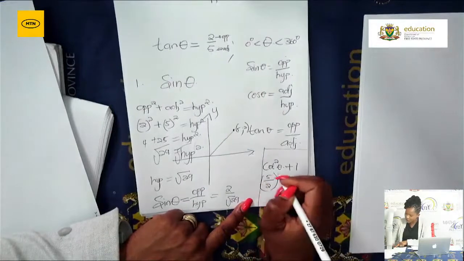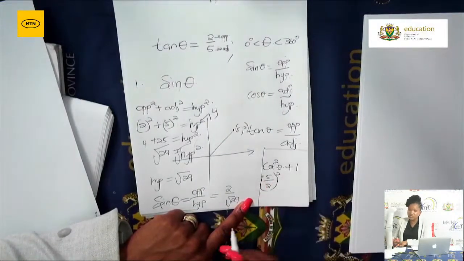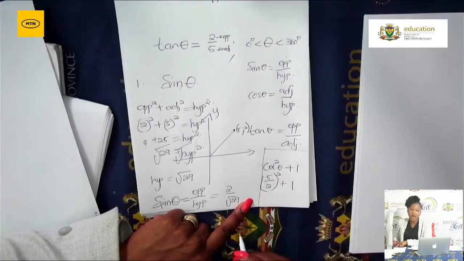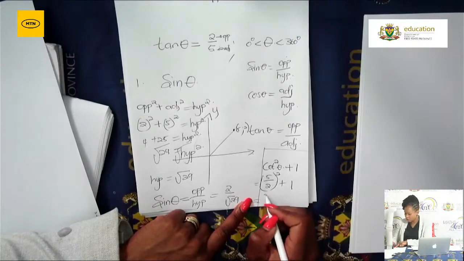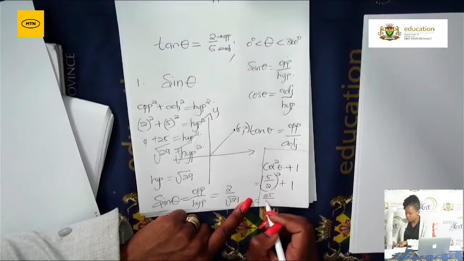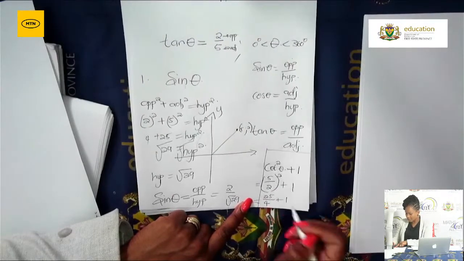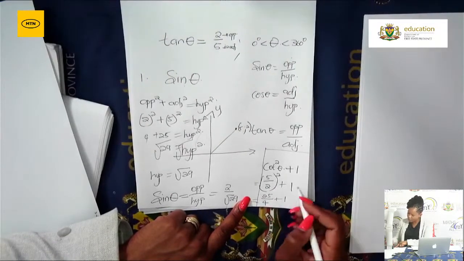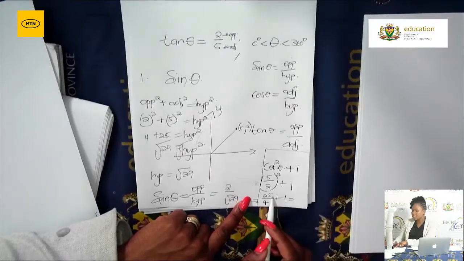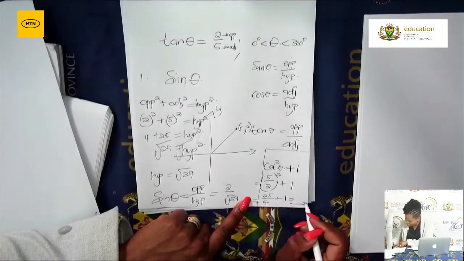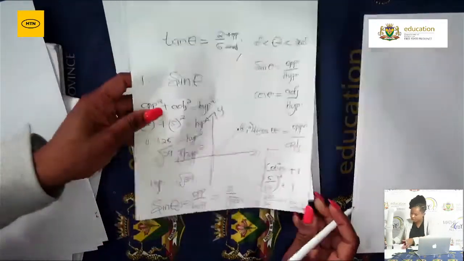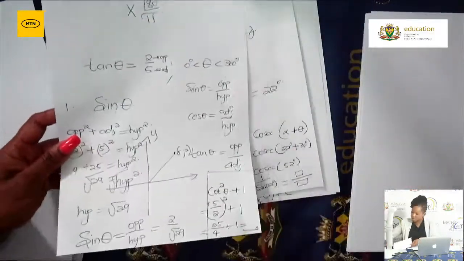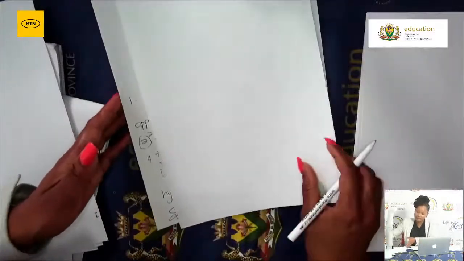You must square it when it's given as squared, then plus 1. Then you make use of a calculator from here. 5 squared is 25, and then 2 squared is 4, plus 1. You can insert it as it is in your calculator, and then write your answer. That is using the definitions when the question is based on a diagram.